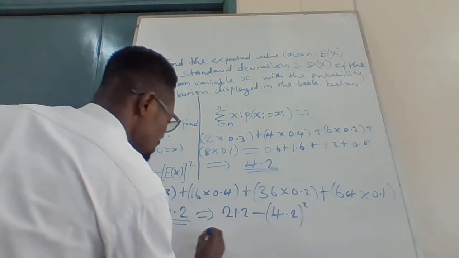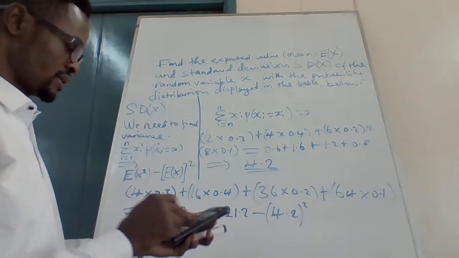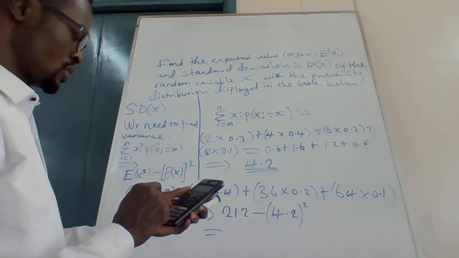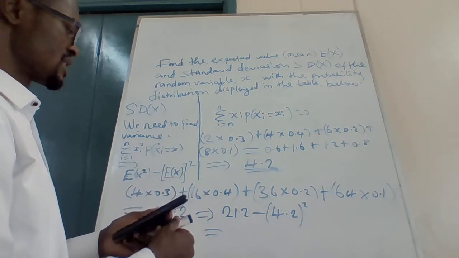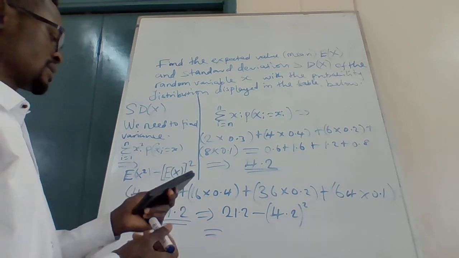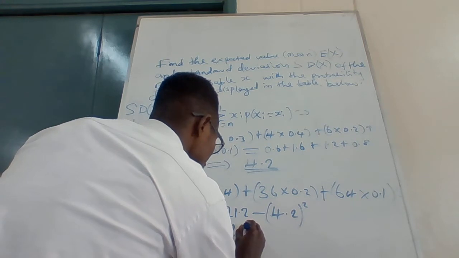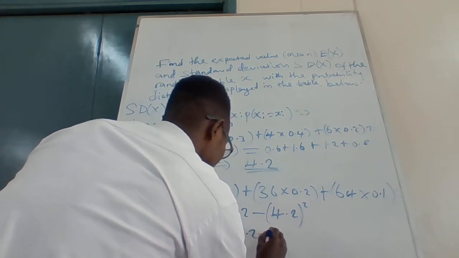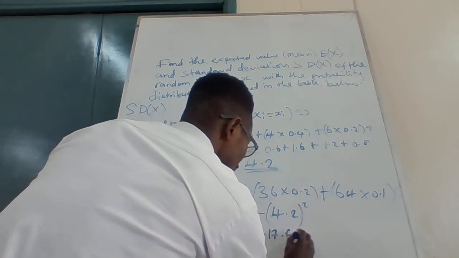If you square this, 4.2 squared will give you 17.64. So this is 21.2 minus 17.64.